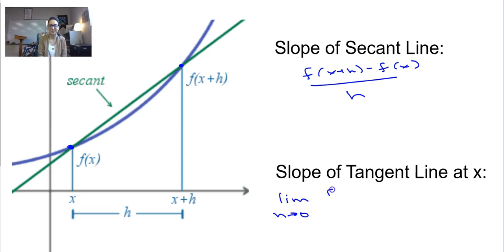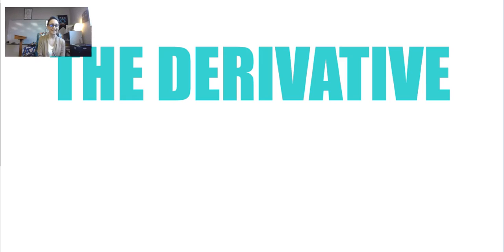So limit as h approaches 0 of the difference quotient, this f of x plus h minus f of x all over h, right? And this is a very, very important limit in calculus. The slope of the tangent line is formally given by this limit, and we have a very important word for that, and it is called the derivative, okay?